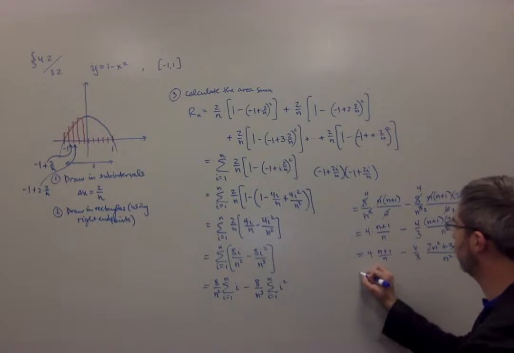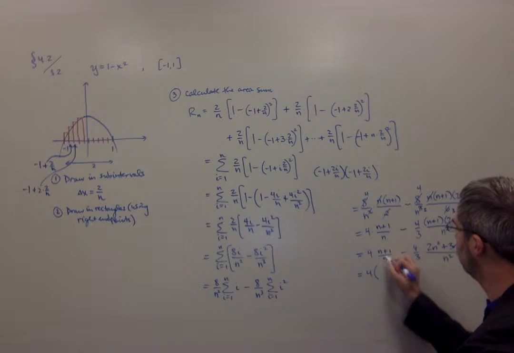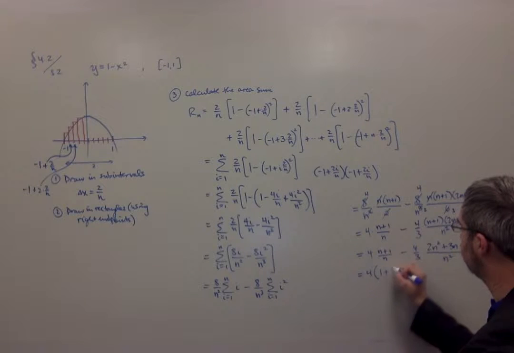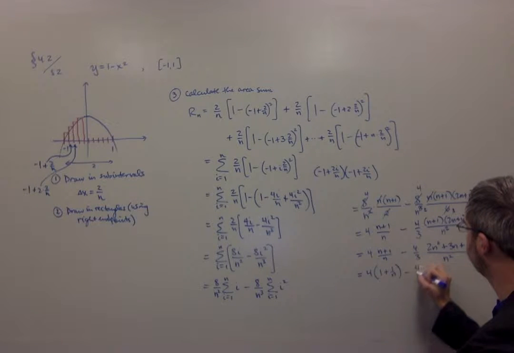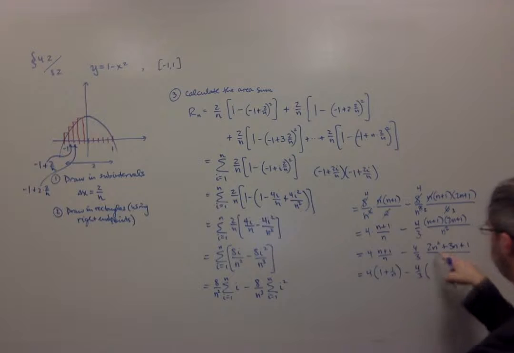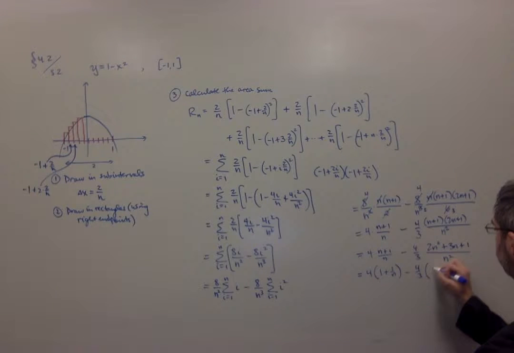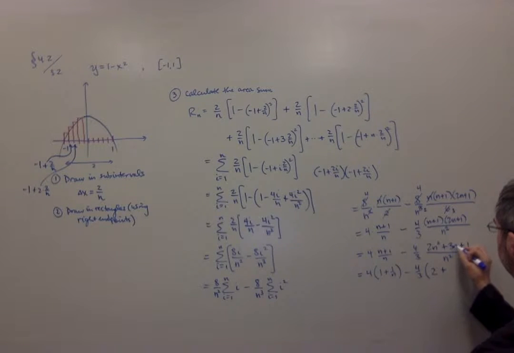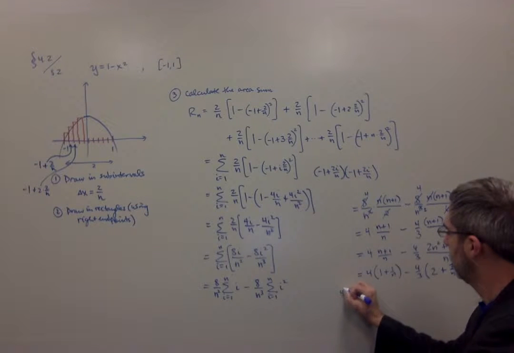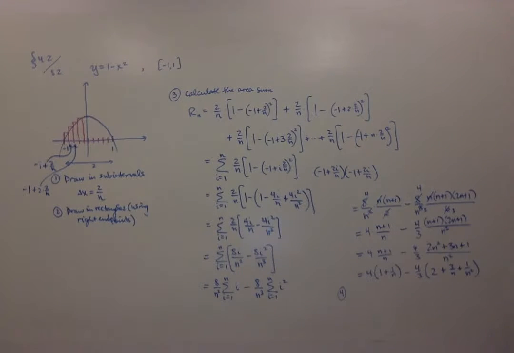Okay, so technically this first term, if I divided both things by n, it's 1 plus 1 over n. This term right here is 2n squared over n squared is 2, plus 3n over n squared is 3 over n, plus 1 over n squared.